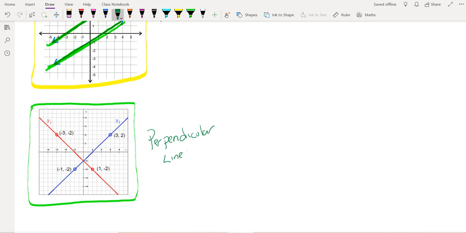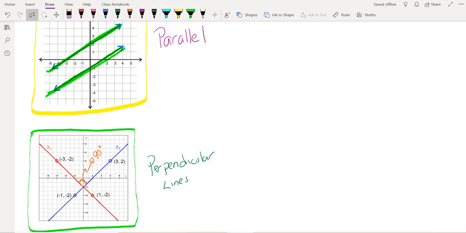In this situation we have two lines, and those two lines cross at 90 degrees, which we denote with a small little triangle in the corner. So perpendicular lines are lines that cross at 90 degrees.